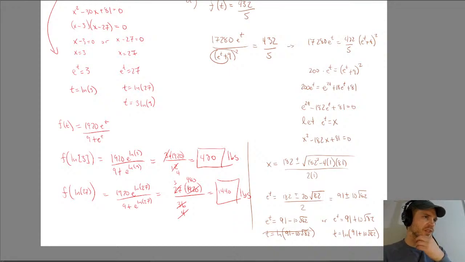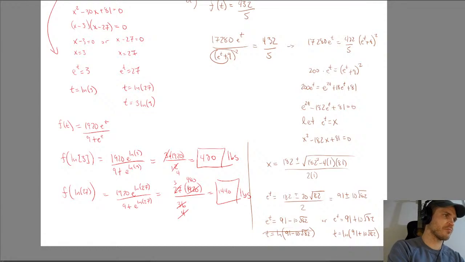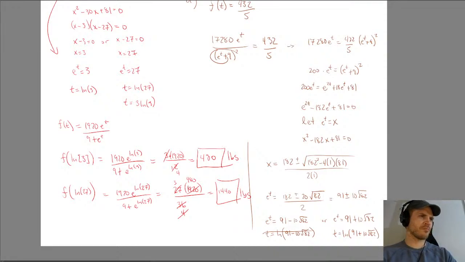Find the inverse of the following functions. Okay. Whoa.